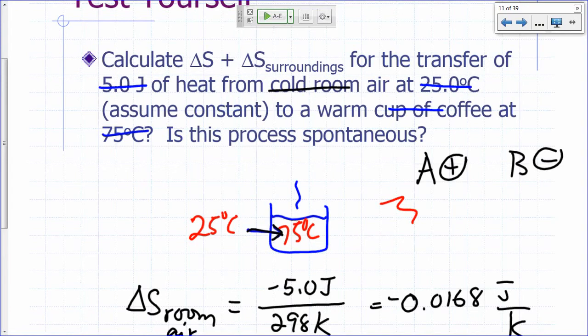Let's say a cup of coffee is about the size of your regular soda can, 12 ounces.